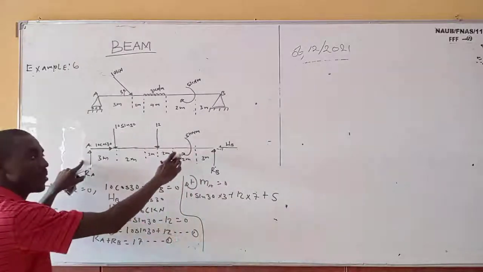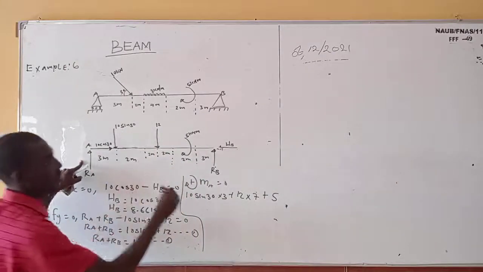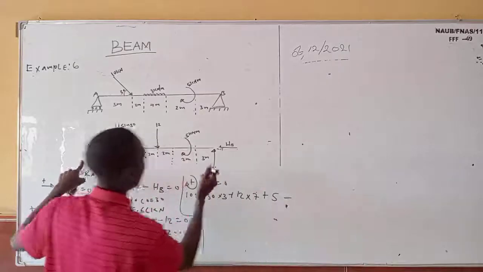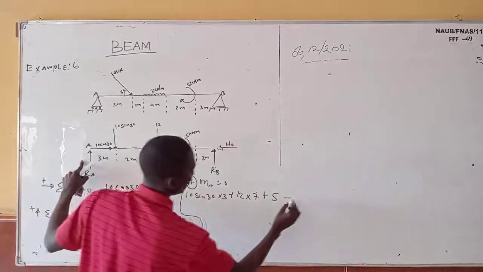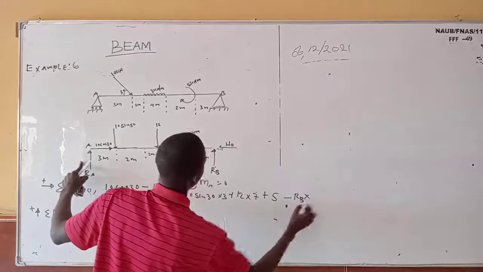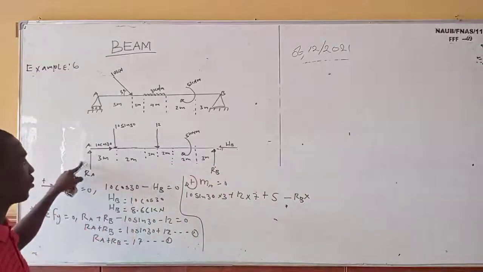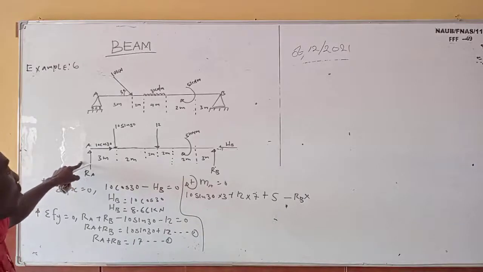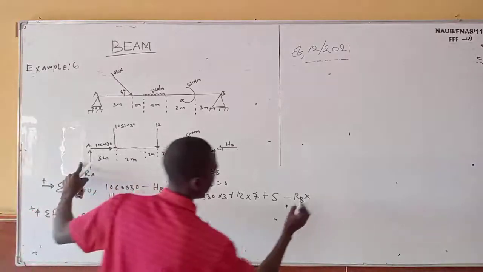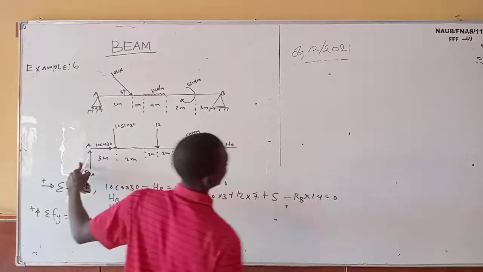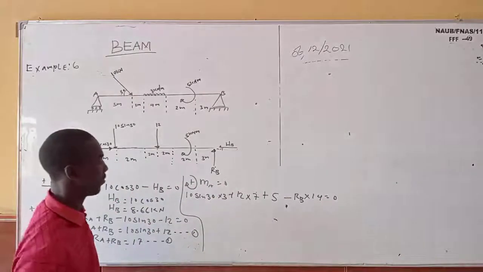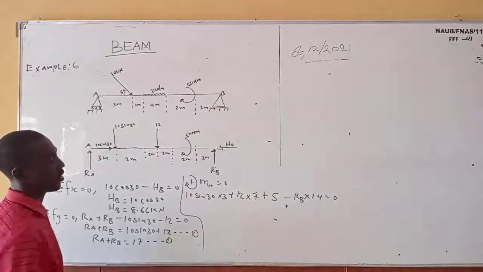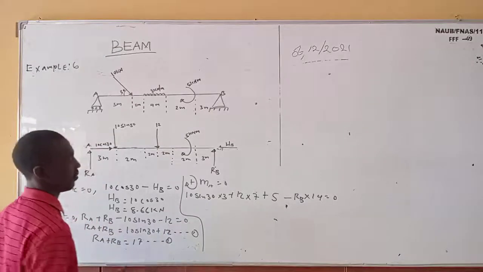Then plus 5, and you know this one is a moment, so you don't consider distance. So now minus. Why is it minus? Because it's anti-clockwise: arrow B times the total distance. The total distance is 14, equals 0. You get that? So now don't forget that this is half times 10, that is 5, so 15.